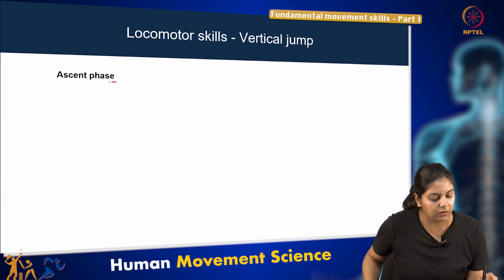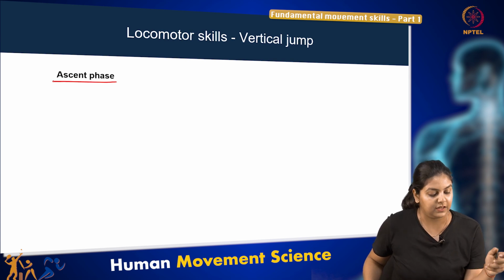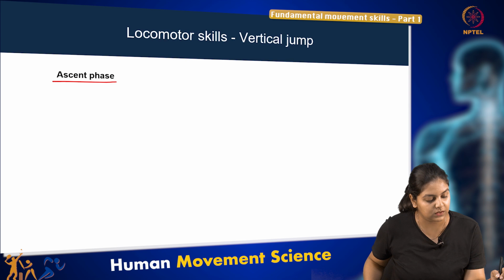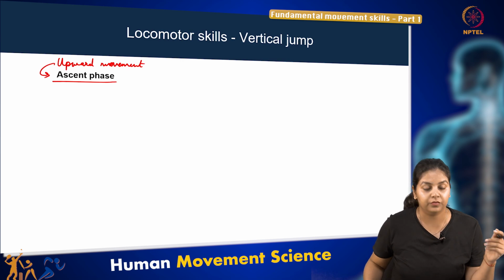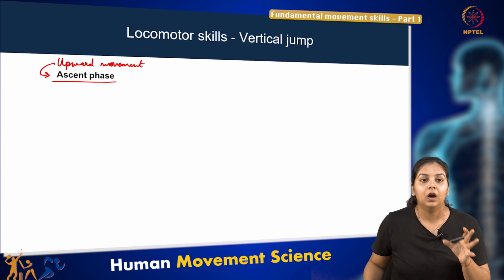Now the next one, once you get from the descent phase, is the ascent phase, right? So ascent phase is nothing but the upward movement, right? You've looked at the downward movement, which is the descent phase, and then you get into the upward movement.